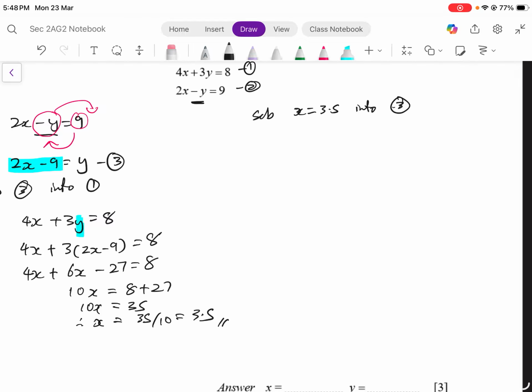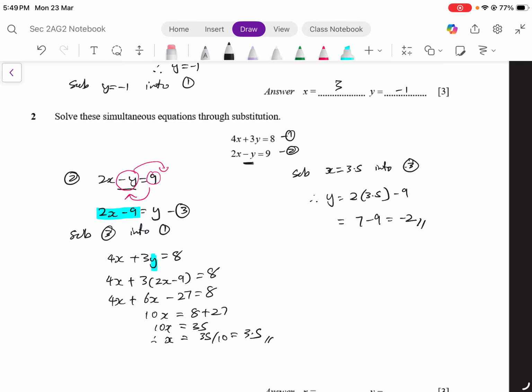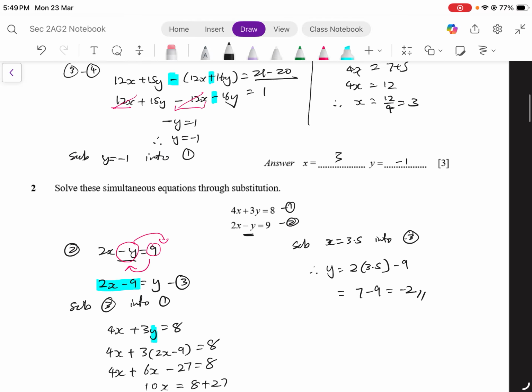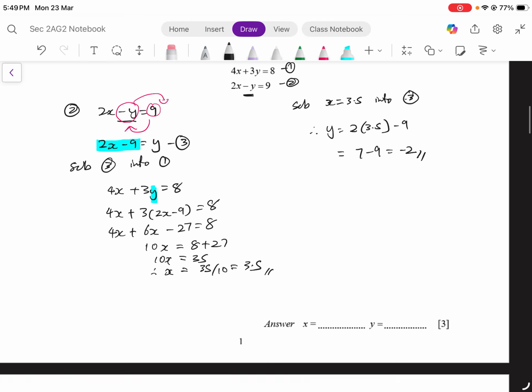So we should get 7 minus 9 equals minus 2. So substitution is pretty easy, same as elimination. Hopefully this helps. So your y is minus 2 and your x is 3.5.